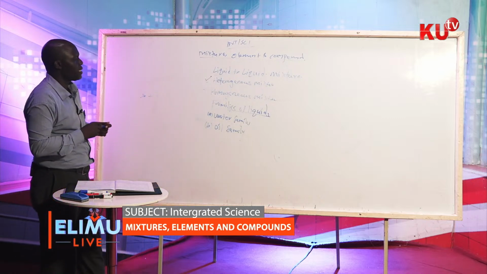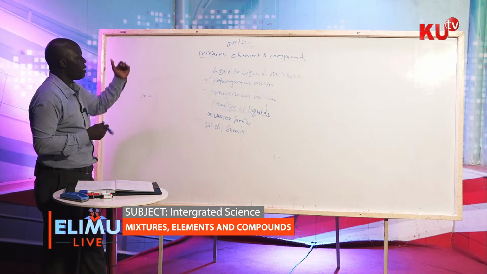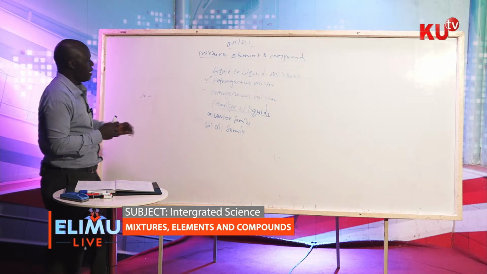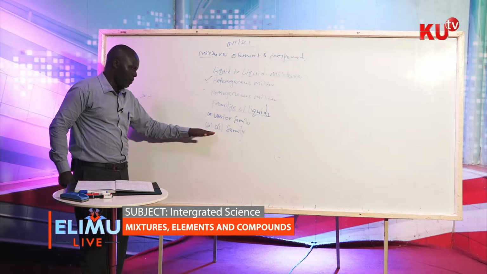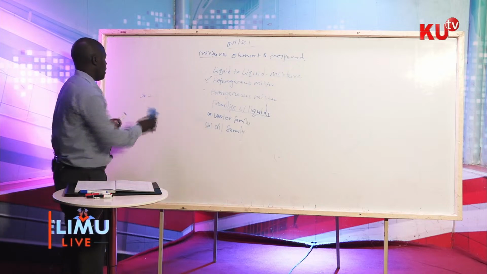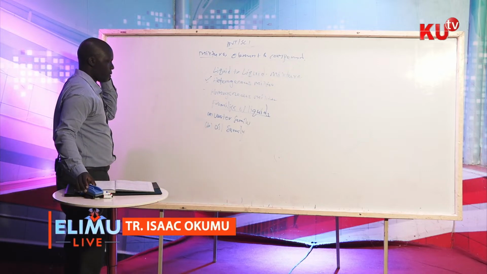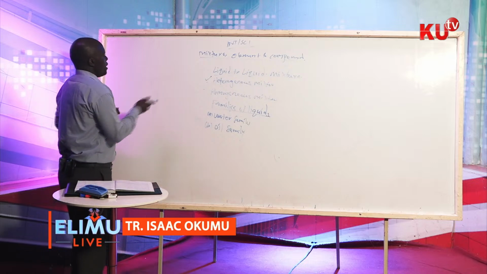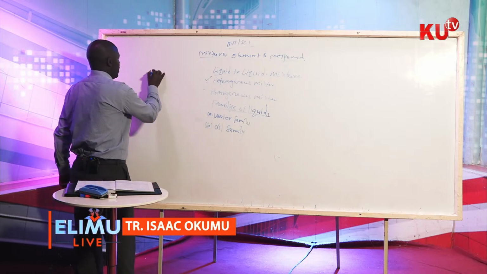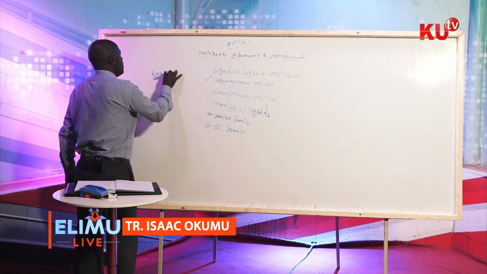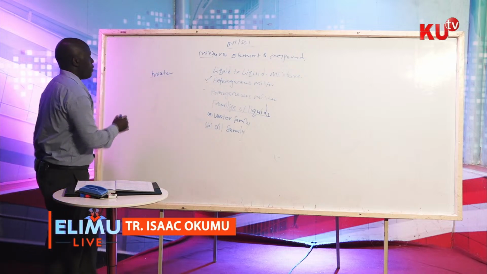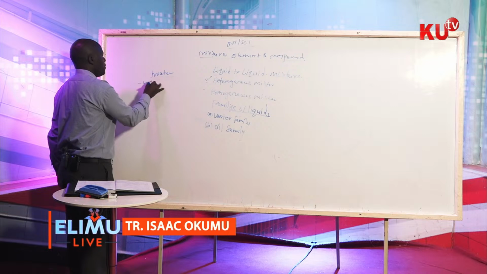A heterogeneous mixture is that kind of mixture which is formed by taking one family plus another family. For example, let's talk about the water family. Under the water family, here is where we have the water itself.